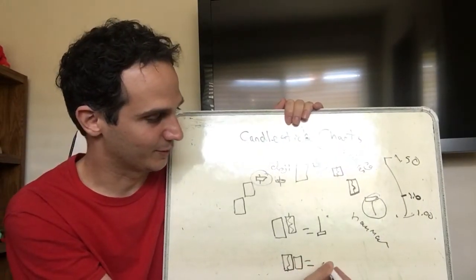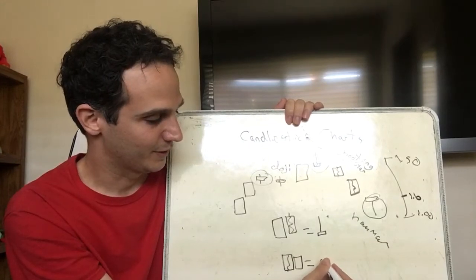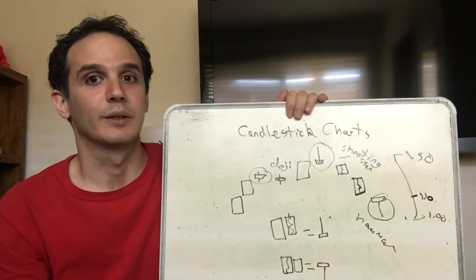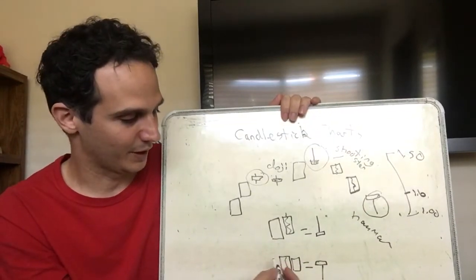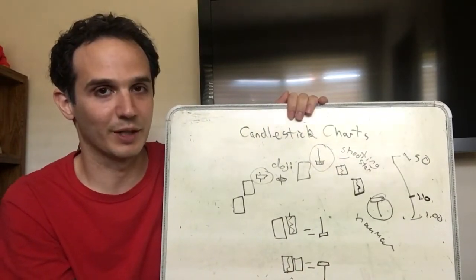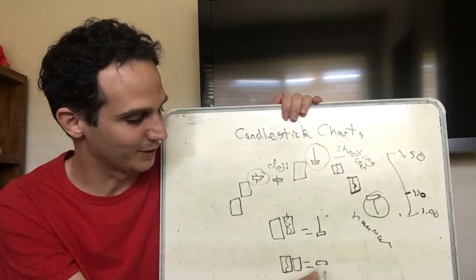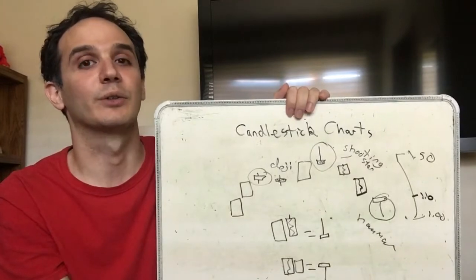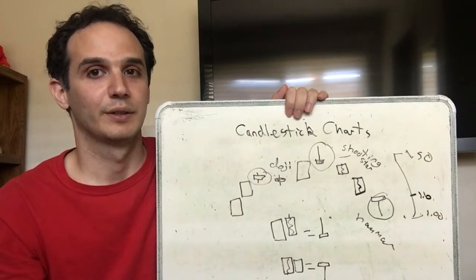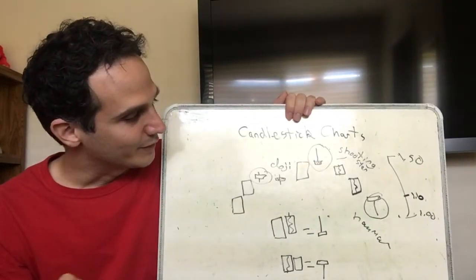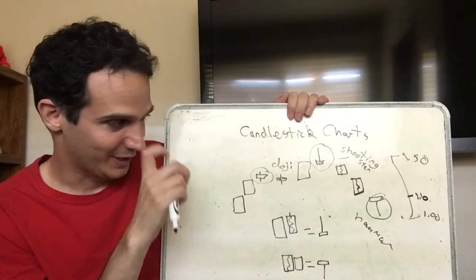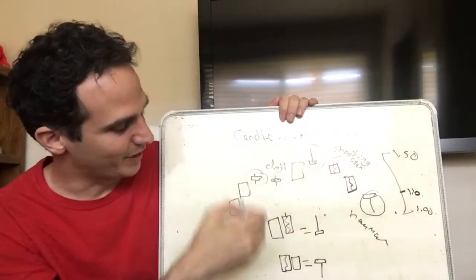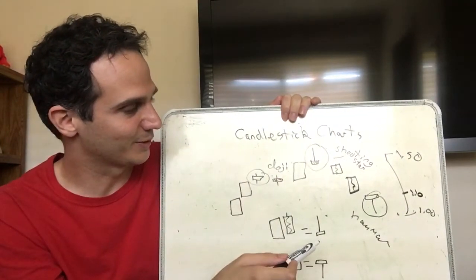This can equal the hammer candle. Because again, if this was a 1 minute chart and you look at the 2 minute chart, it would look like a hammer candle. Okay, and then one more. So those are the basic types of candles.